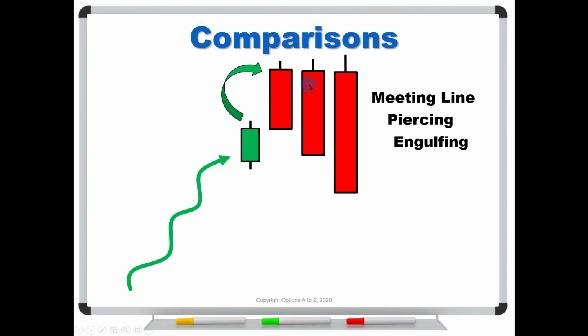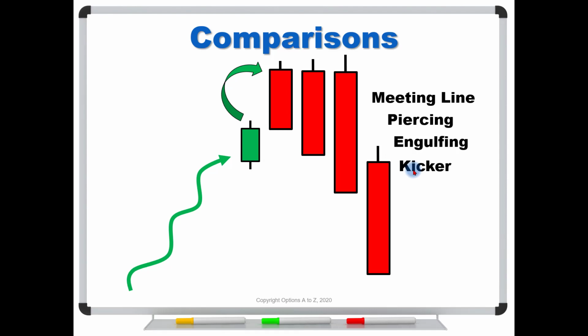Rather than seeing the stock gap up like it did in the first 3 cases, it might gap down right off the opening bell. So look what's happened here. The opening trade on the green matches the opening trade on this day. And the stock continued to sink. So if this happens where the 2 opening trades are the same, or at least very close, that is called a kicker pattern.